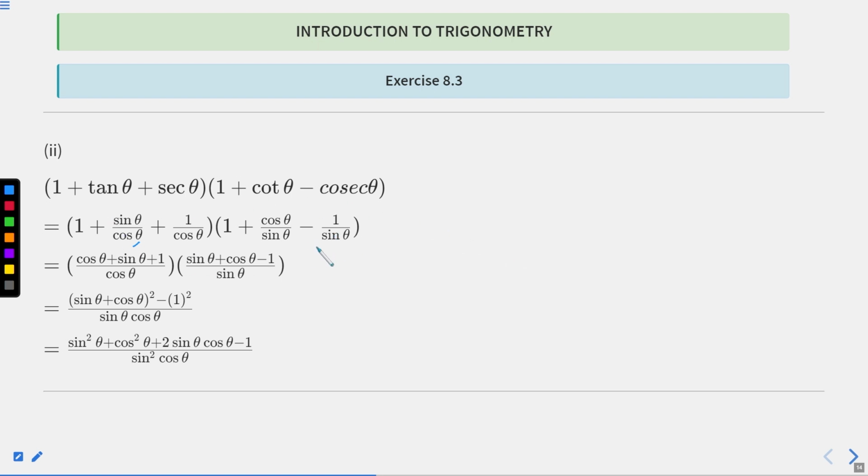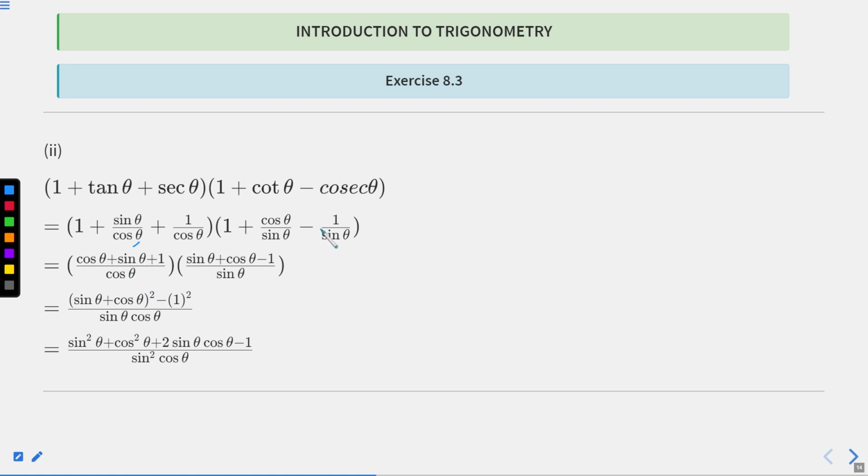Now we can take LCM for the first term, with cos theta in the denominator. So this is equal to cos theta plus sin theta plus 1 divided by cos theta.